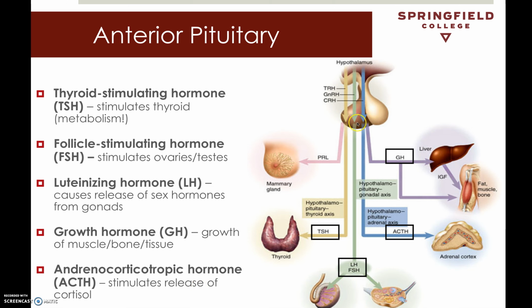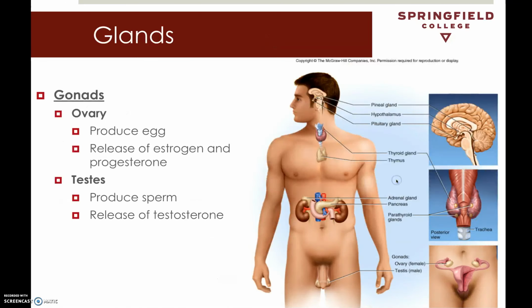Thyroid stimulating and follicle stimulating hormone go all the way down to the gonads. These hormones are responsible for stimulating activity within the primary sex organs, testes in males, ovaries in females, as well as stimulating production of sex hormones. As you can see, the anterior pituitary gland has a very wide range of functions all throughout the body.